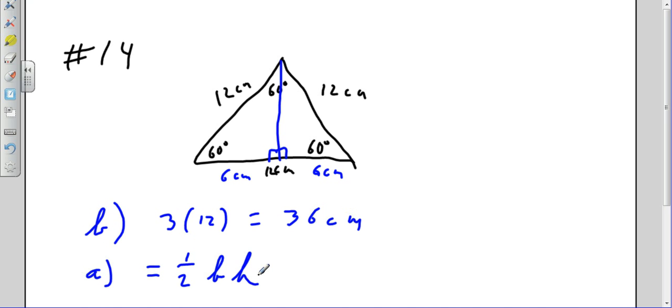But if I move back to where my triangles are, well, looks like I'm going to have to use Heron's formula. Okay.